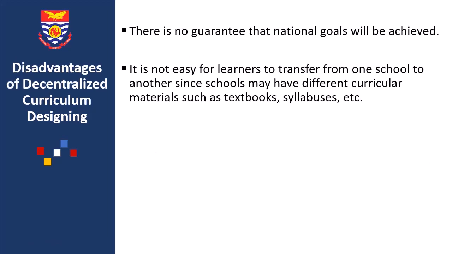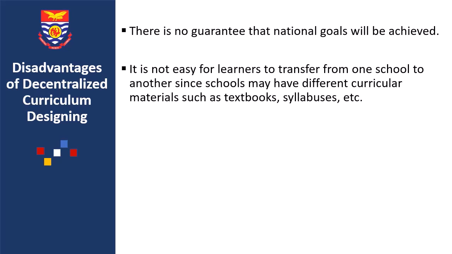Disadvantages. Here, there is no guarantee that national goals will be achieved, because we know that this is for a community, for a particular region or state, and so national goals may not be achieved. And it is not easy for learners to transfer from one school to another.